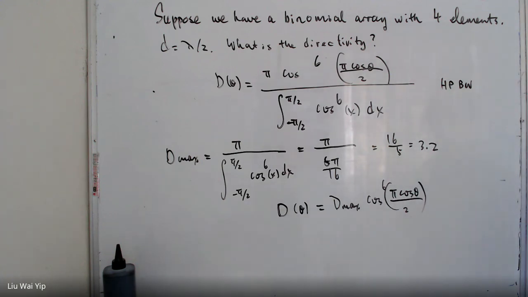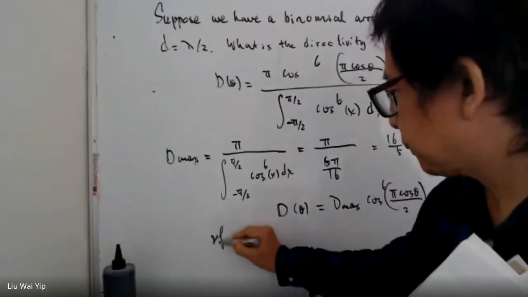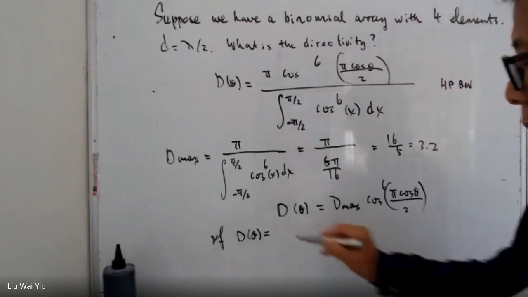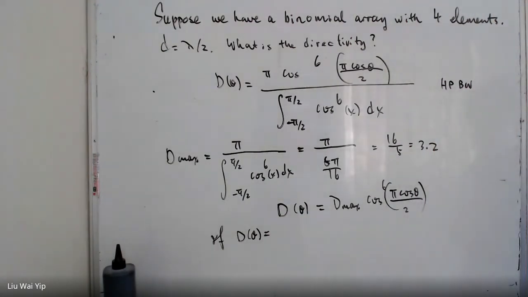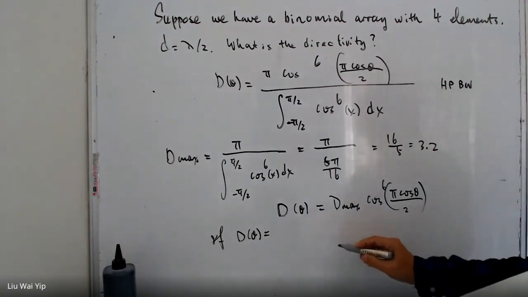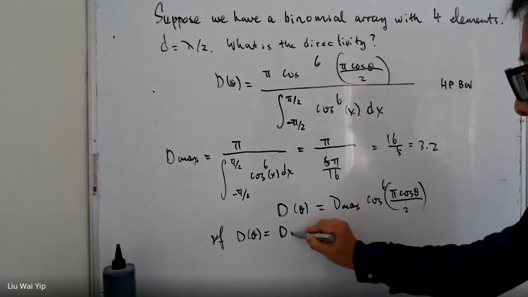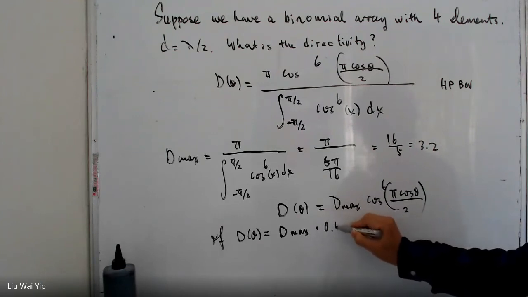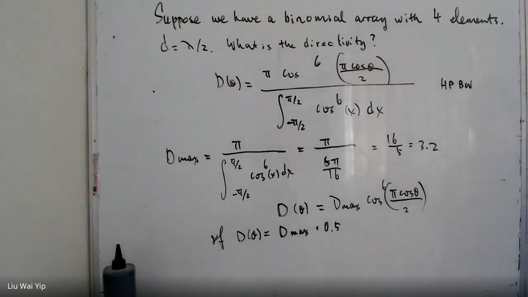And if D is equal to Dmax times 0.5, then we are going to get the half power point.